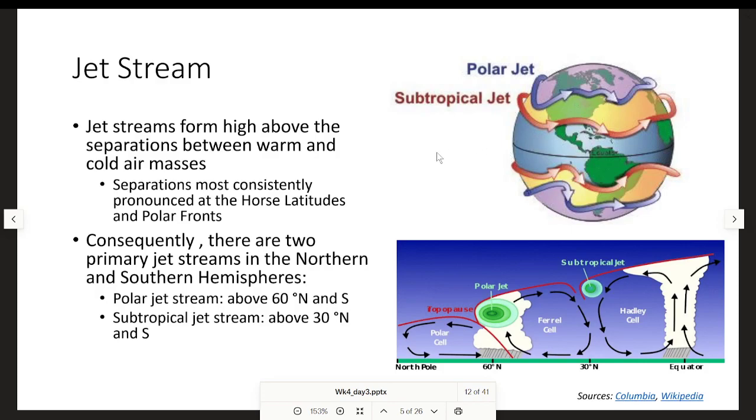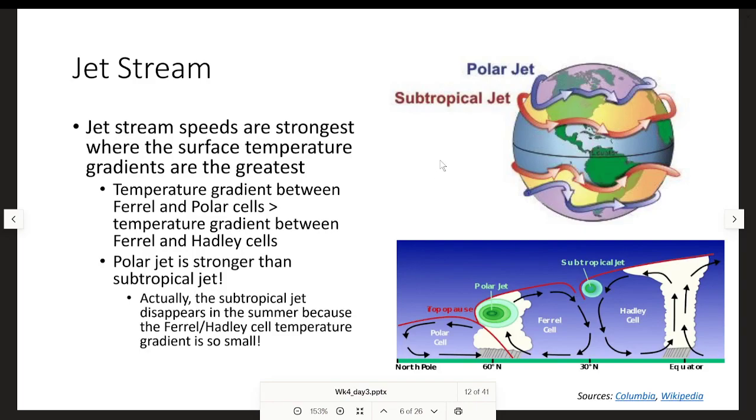Consequently, there are two primary jet streams in the northern and southern hemispheres. The polar jet stream is above 60 degrees north and south, and the subtropical jet stream is above 30 degrees north and south. The wind speeds are strongest where the surface temperature gradients are the greatest, because the pressure gradient force is strongest.